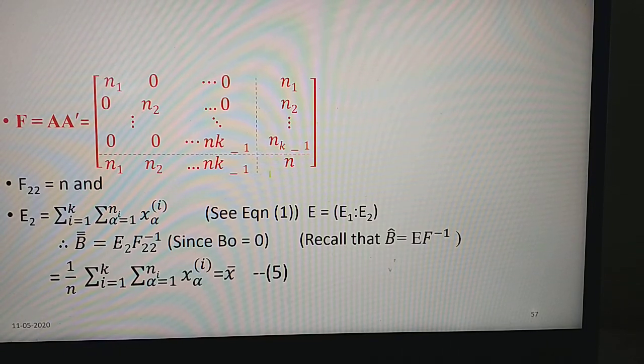That is, we partition B into B1 and B2, where B1 is r1 by p.